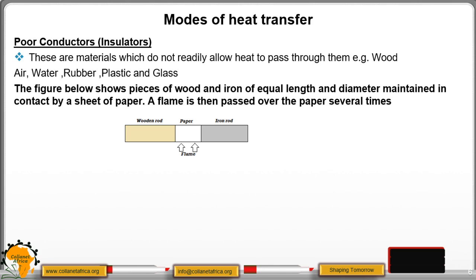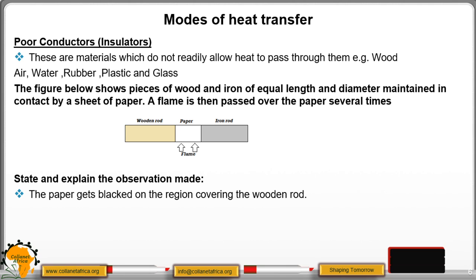Now in this illustration, we want to compare the conductivity of wood and iron. So we put them together, and where we have the joint, we wrap using paper. Then we pass the flame several times, and we observe what happens to the paper. We have our observation.